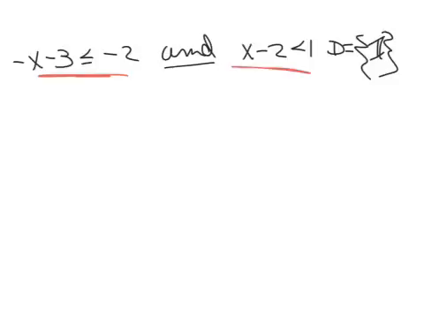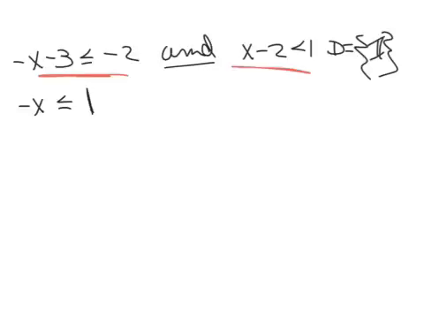So first of all, we're going to get x all by itself on one side. We're going to look at each one of these inequalities as two separate ones. So we're going to add 3 to both sides.